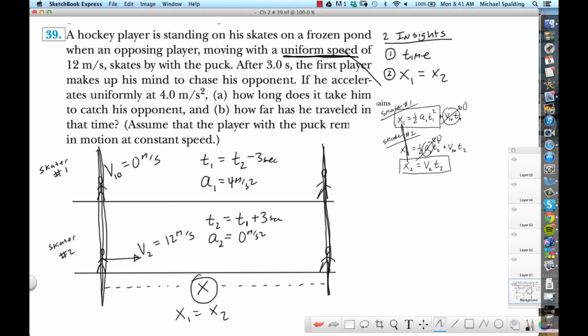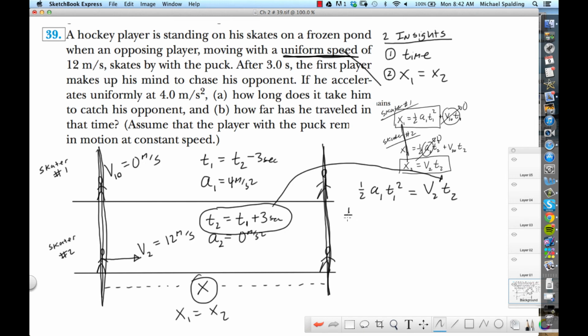Okay, are you guys with me on this? We're going to set the two equations equal. So what we get is 1/2 a1 t1 squared equal to v2 t2. Now we got to deal with the times. Here we have t1 and t2. So I'm going to take the equation for t2 and plug it in over here.